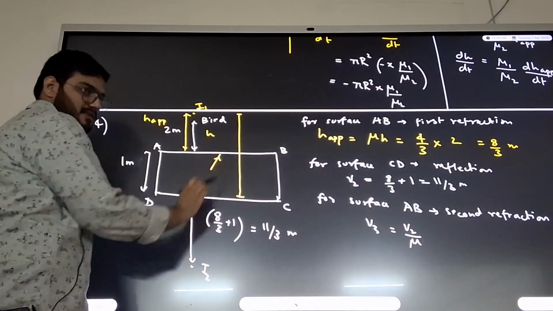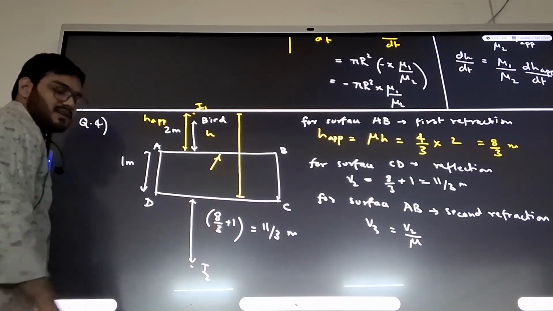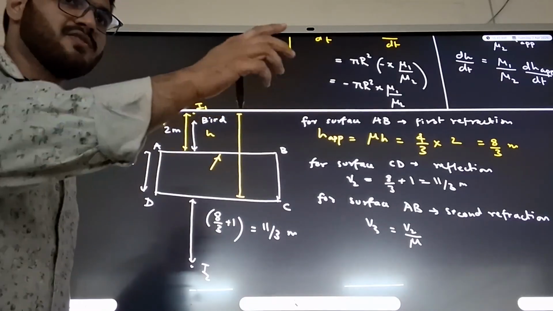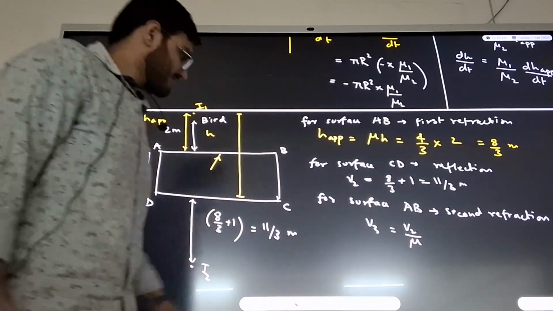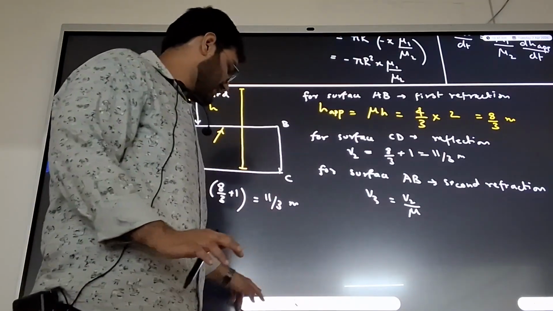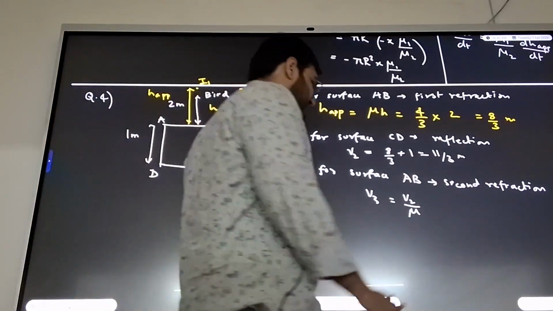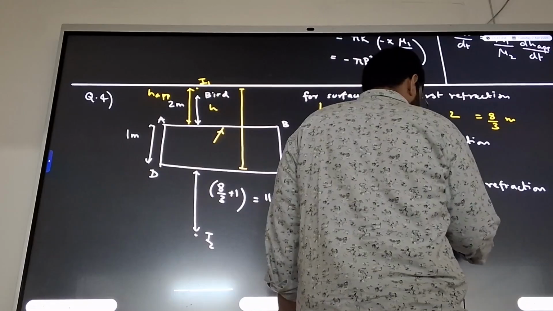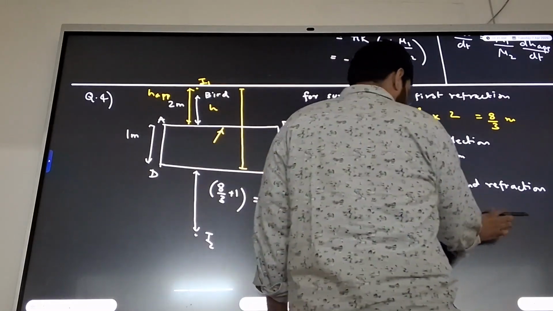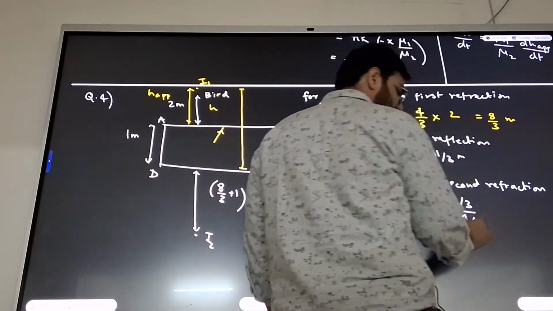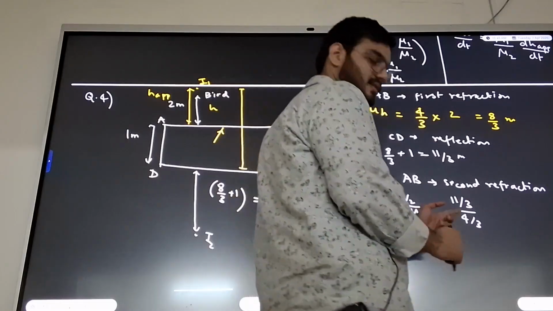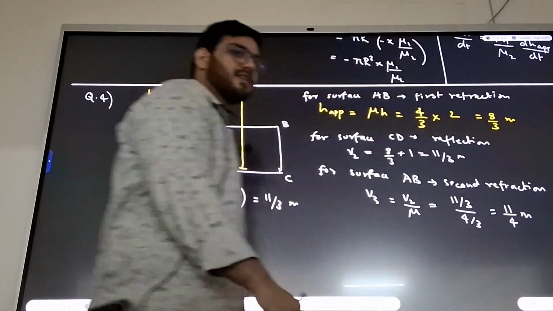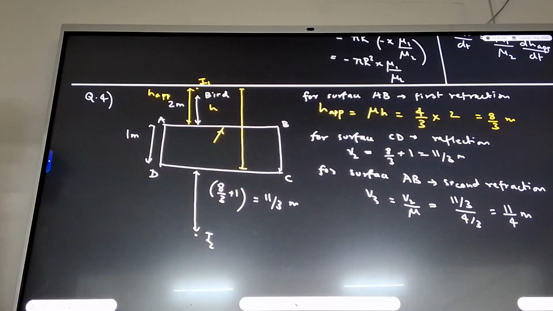So you divide, right? We'll see now; if the answer is wrong, we'll multiply. Okay? 11 by 3 divided by 4 by 3, correct, right? So this is 11 by 4 meter. You divide by mu, you get 11 by 4 meter.